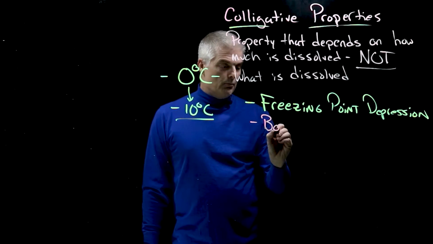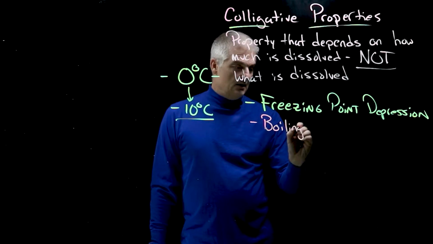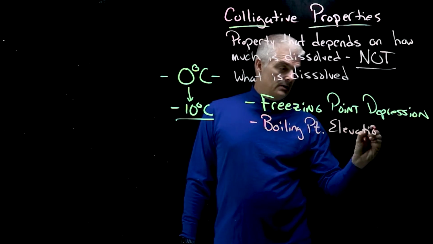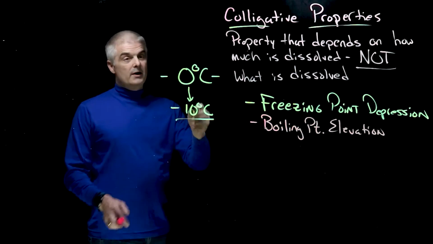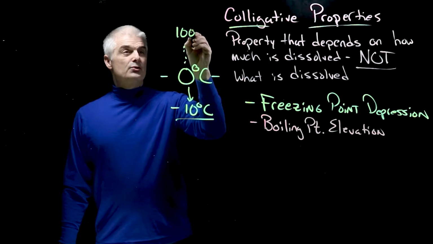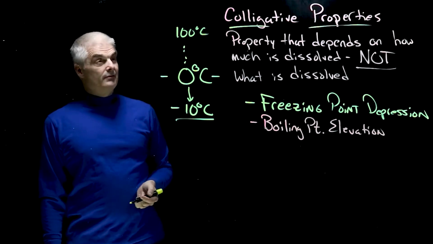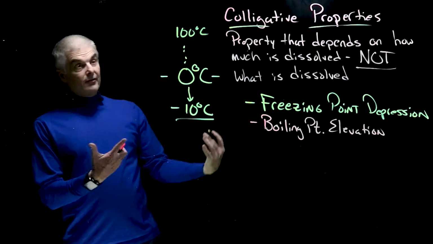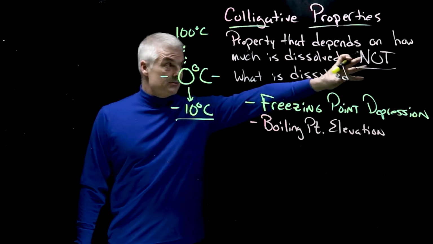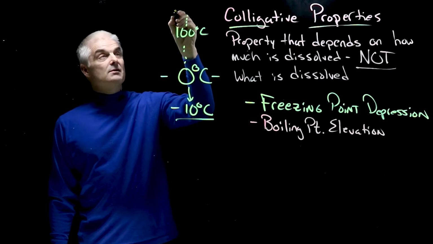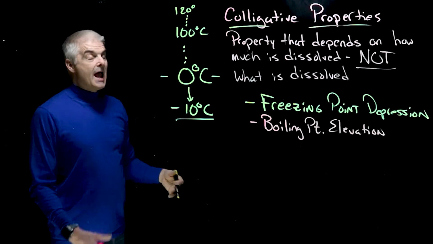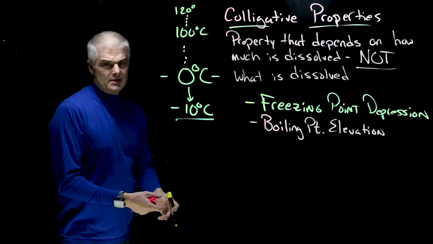It's called boiling point elevation. Now, water, as you probably are aware, boils at 100 degrees Celsius, 212 Fahrenheit. And if I add salt or some other chemical, any substance, depending on how much it is, you can raise the boiling point to maybe 120 degrees or something like that, and then it will boil at a higher temperature.